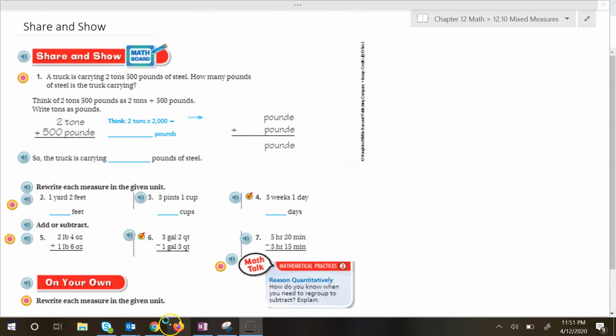Number 1. A truck is carrying 2 tons, 500 pounds of steel. How many pounds of steel is the truck carrying? Think of 2 tons, 500 pounds as 2 tons plus 500 pounds. So write the ton as pounds. So we need to think about that because we know that 1 ton equals 2,000 pounds.